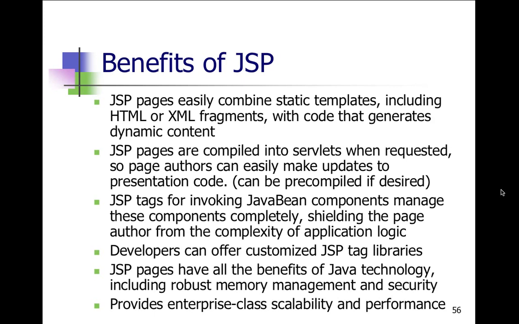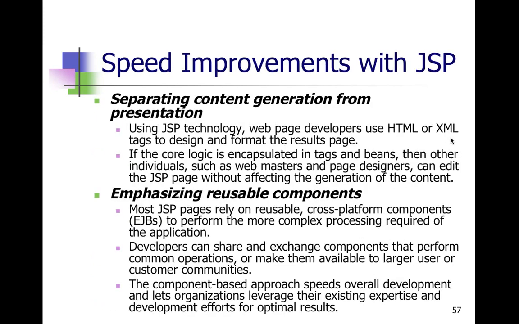So it provides the interface between the HTML and the beans. Developers can offer customized JSP tag libraries, and the JSP pages themselves have all the benefits and technologies of Java technology, including robust memory management, security, and everything else that comes with Java. So it provides enterprise class scalability and performance.